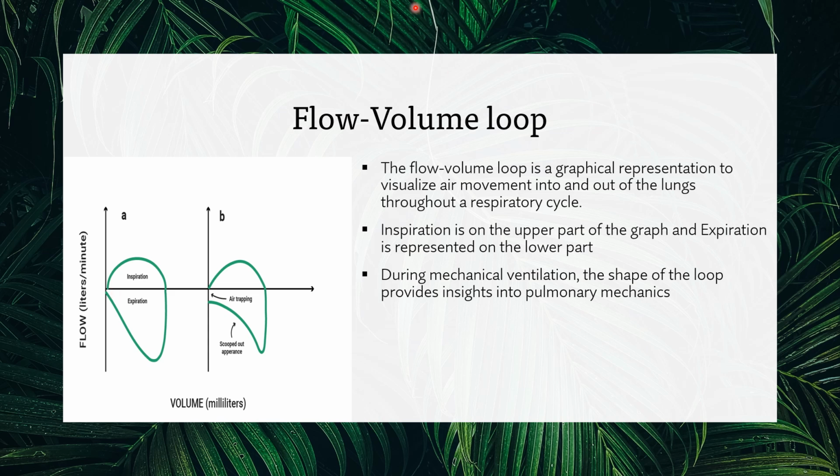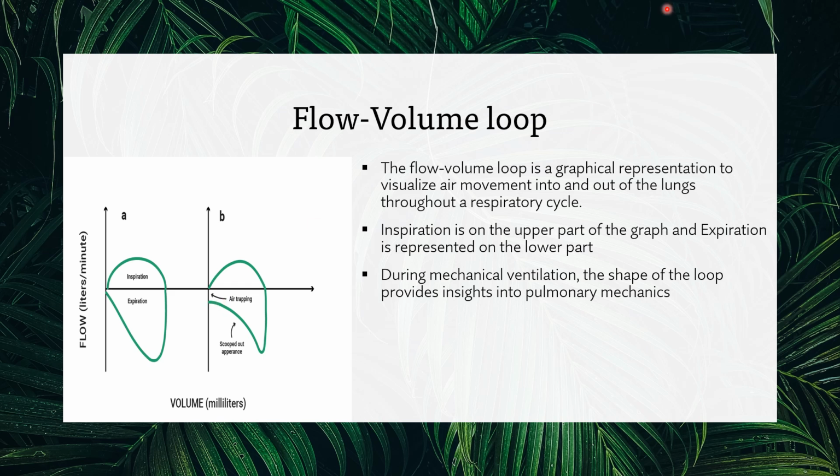During mechanical ventilation, the shape of the loop provides insight into the pulmonary mechanics. For example, in patients with obstructive lung disease, the peak expiratory flow is reduced. You can see here, in comparison to this normal graph, the peak expiratory flow is reduced, leading to a characteristic scooped out appearance of the expiratory limb.